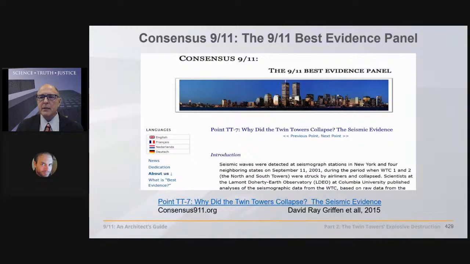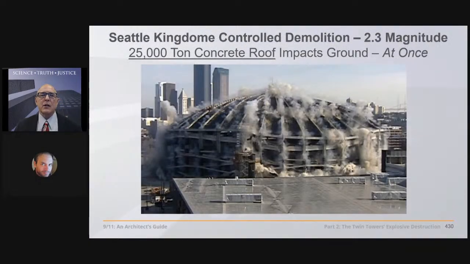The seismic evidence. Now, some suggest that the Twin Towers should have produced a much greater seismic signature, way more, in fact, than a mere 6-story building that also produced a 2.3 magnitude event. But you're not comparing apples and apples at all.